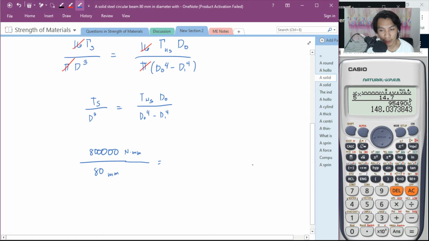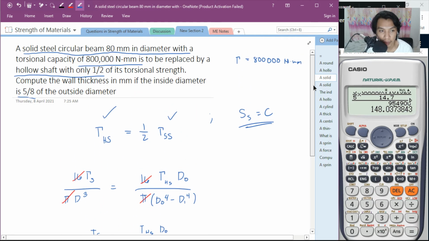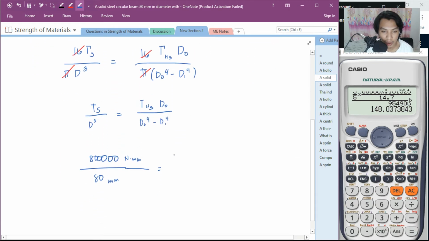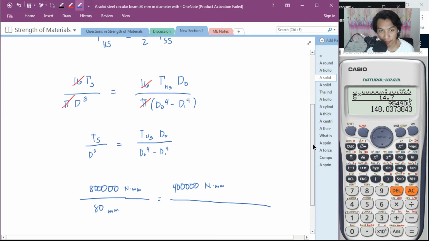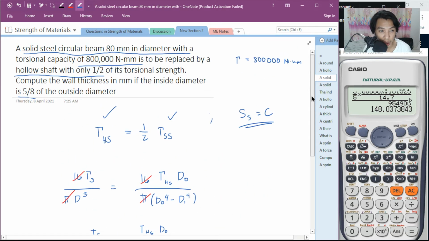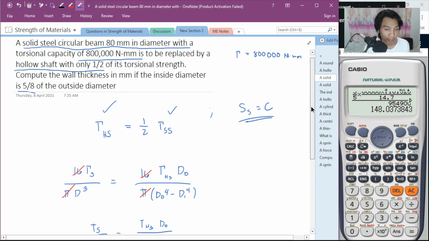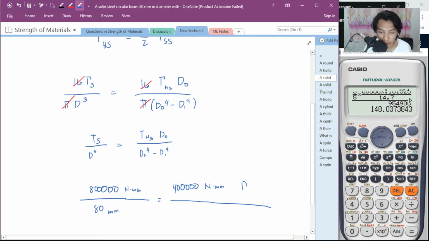The torsional capacity here is half, so for the hollow shaft that is 400,000 Newton-millimeter. Di in terms of Do is 5/8 of the outside diameter. Let's solve for Do first.